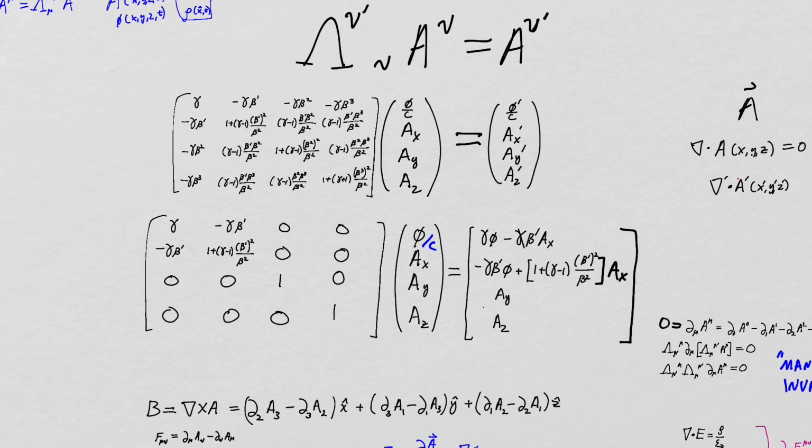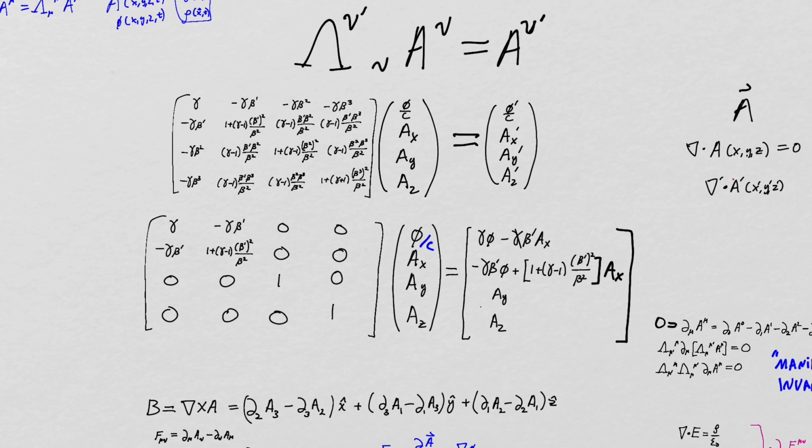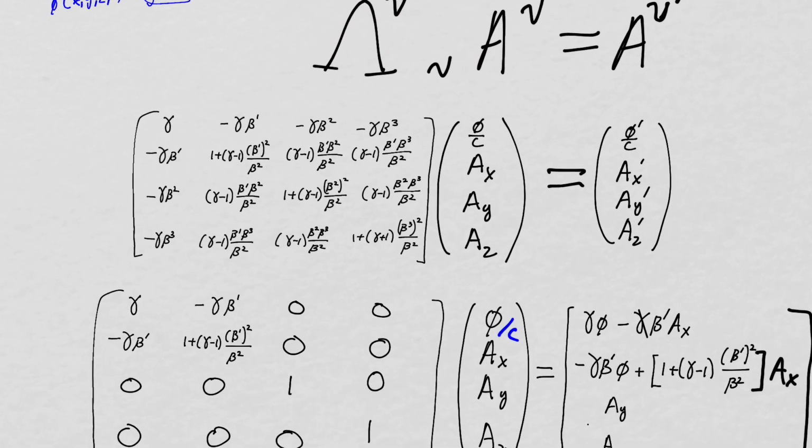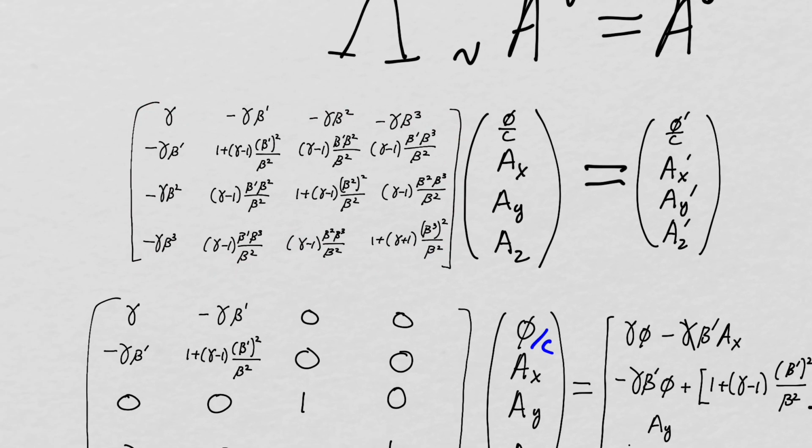Oh, before we move on, I actually wrote this out a little bit more thoroughly so you could see it. But this notion of transforming using the Lorentz transformation matrix, I'll remind you, we went through in earlier lessons and derived the most general form of this Lorentz transformation matrix.